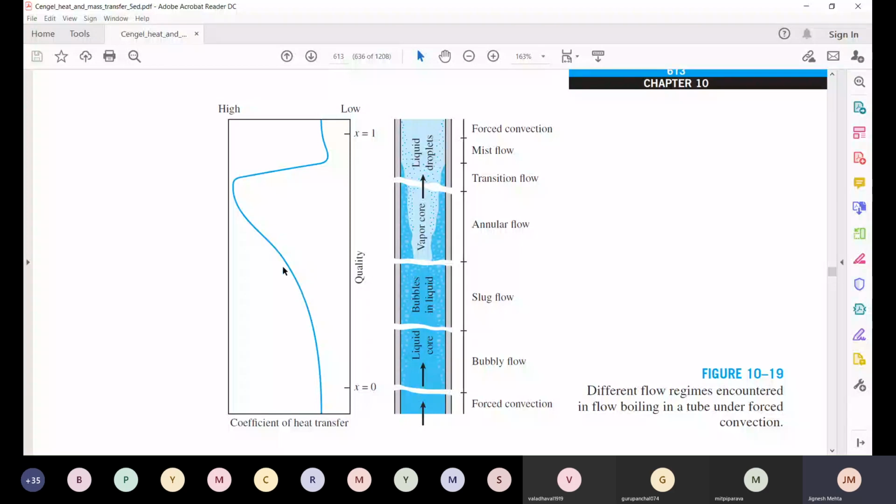So all this qualitative information has been given in this chart. So just a basic understanding of the forced convective boiling case or flow boiling case is given here, and that is good enough for the undergraduate course you are going through.